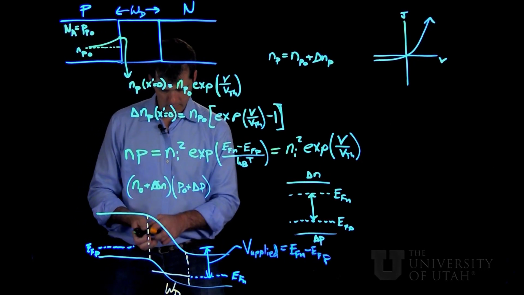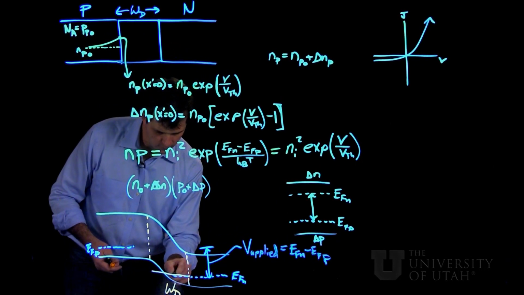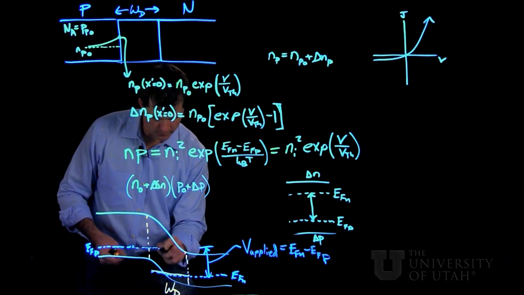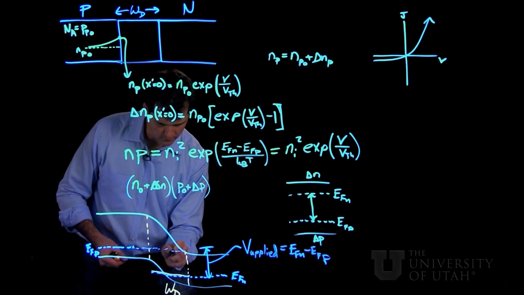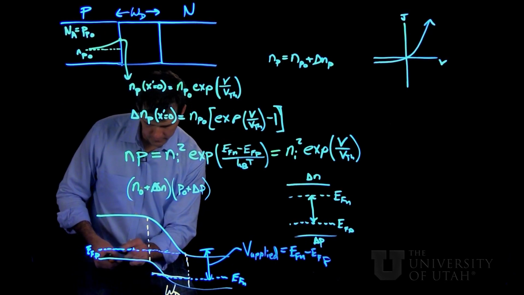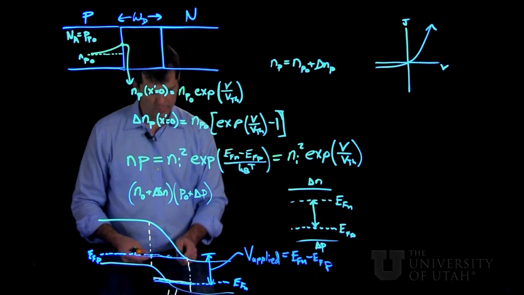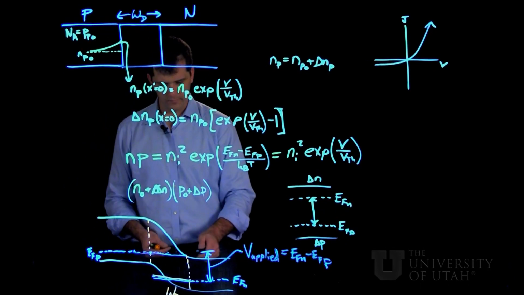And actually, I should draw this in blue. There we go. So that means we should continue the Fermi level from each side horizontally like this.